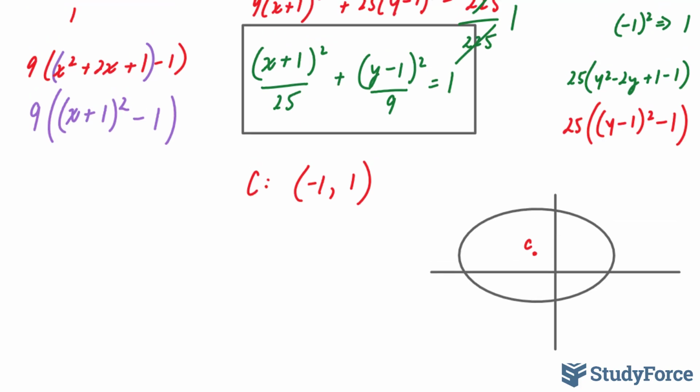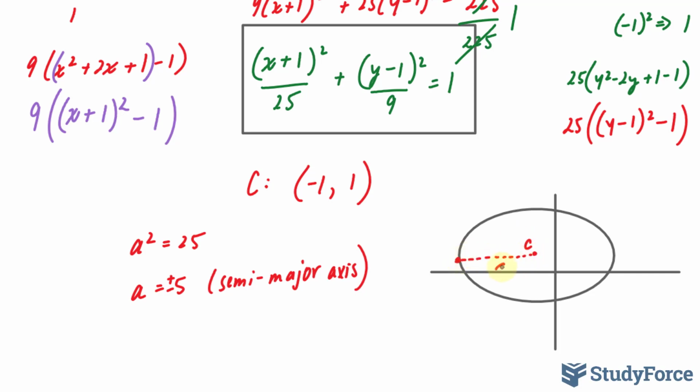Let's find out what our A and B values are. Our A value is inspired by this 25, where that 25 represents A² = 25. If you square root both sides, you end up with your A, and that is equal to ±5. That represents the semi-major axis, which tells us the distance from the center to the vertex.